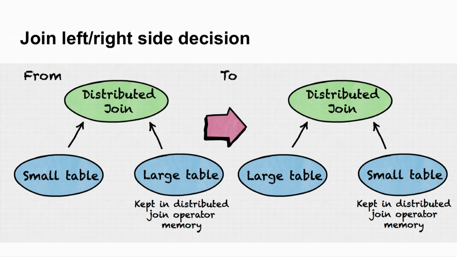One of them is smaller than the other, so let's put it on the inner side, and then probe with the rows coming from the larger table. Let's probe that hash table built off the smaller table, and that improves CPU significantly. That was the second optimization.